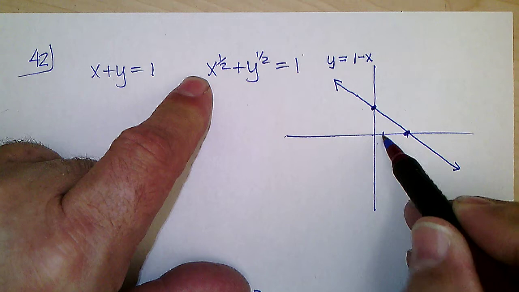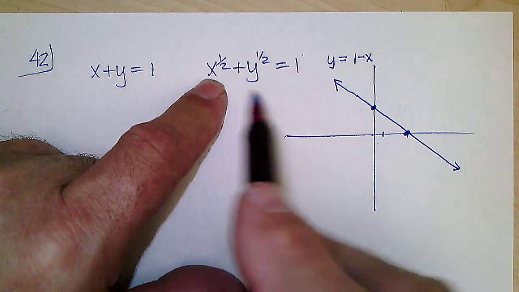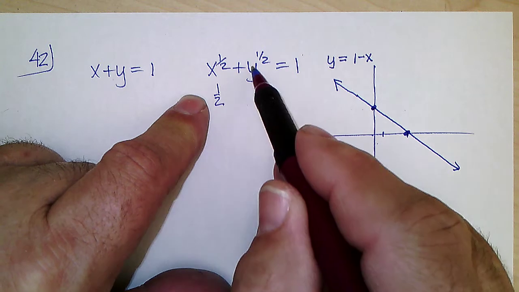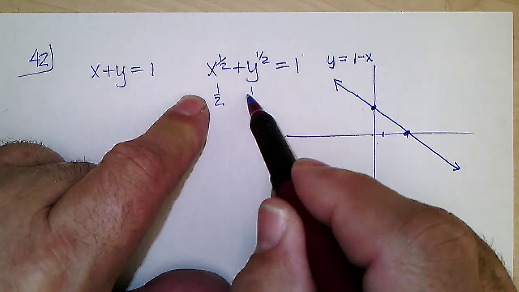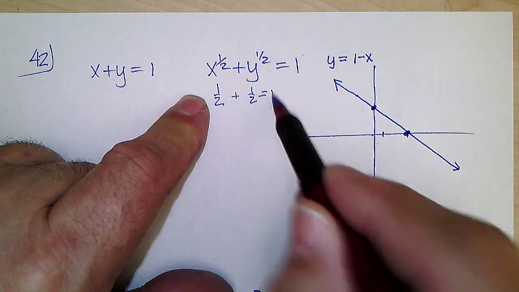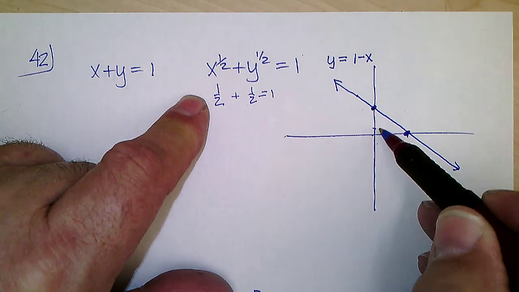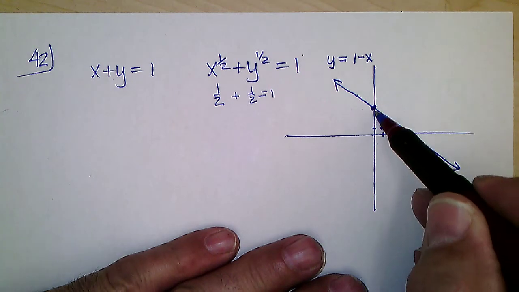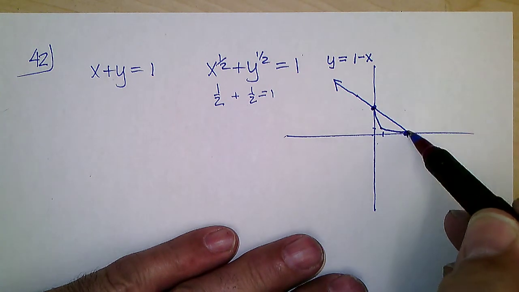So now I'll put in 1/4 because that's easy to take the square root of. The square root of 1/4 is 1/2. If I put 1/4 in here, I get 1/2, and that would equal 1, so it goes through the point 1/4, 1/4. So this must go something like that.